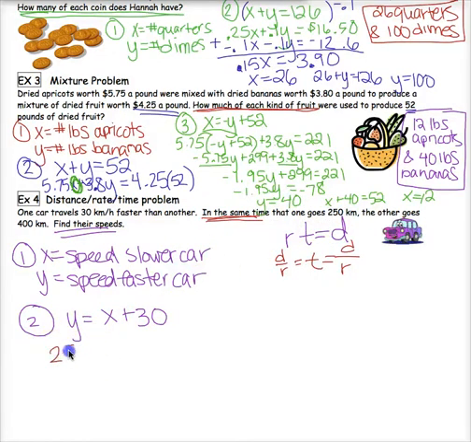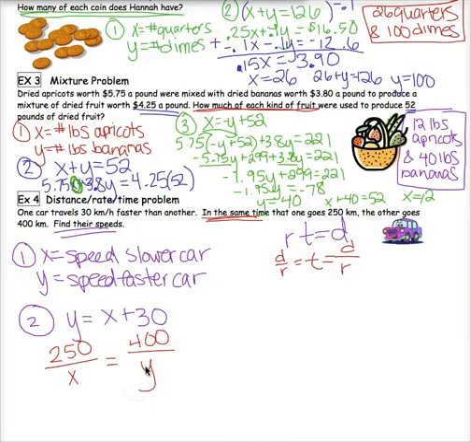So distance was 250 kilometers. The speed of the slower car is one of my variables, that's my x, the slower. I know that has to equal the distance over rate of the other. Distance of the faster car was 400. Speed of the faster car is y.